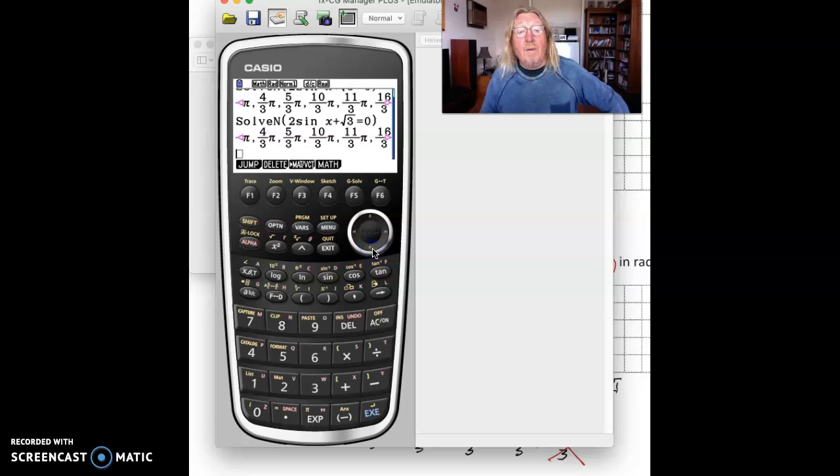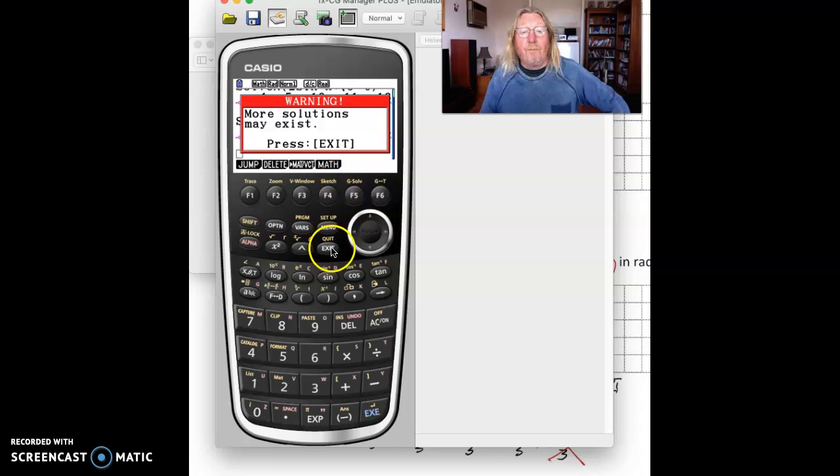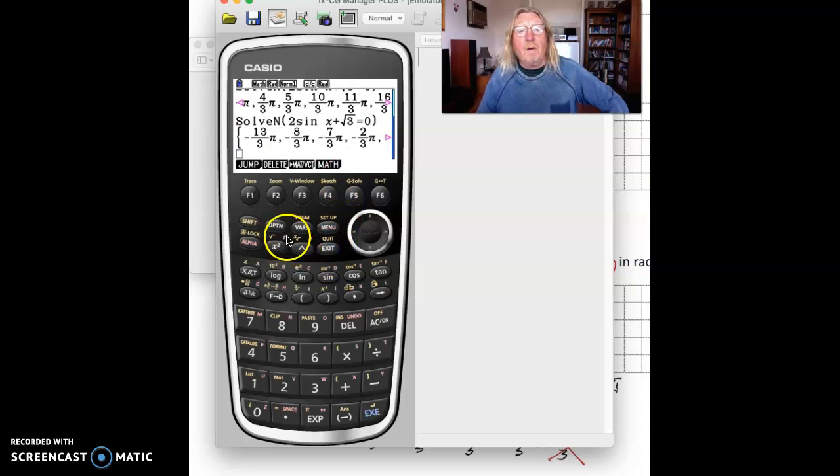All right, so how do we do that? We have to go into and find solve n. Now, from memory, I think it's in options, calc, solve n, F5. Possibly other ways to get there.